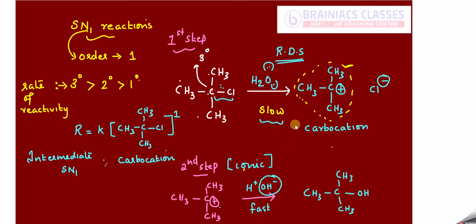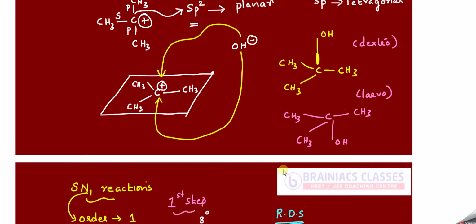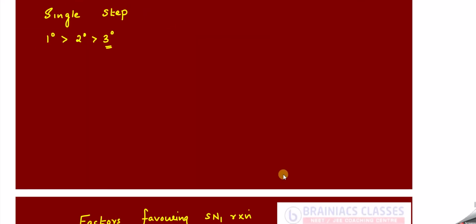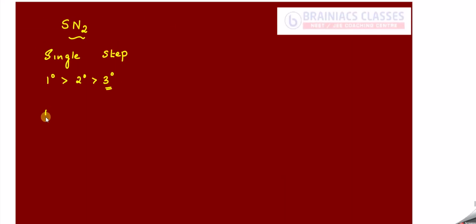So the main factor that governs an SN1 reaction is the stability of the carbocation. Please remember, carbocation stability is the main factor that drives a particular reaction to undergo the SN1 mechanism. Now, similarly, for the SN2 reaction, please remember this point, the main driving factor is which one?